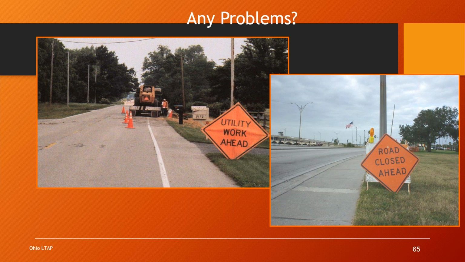Because when you're closing a lane, and this is not a mobile operation, they're not moving. So they're here to work on something for quite a while, it looks like. So there's only one typical application that fits this scenario. Can you tell me what kind of operation they should be setting up for?